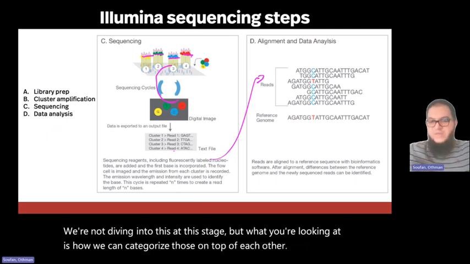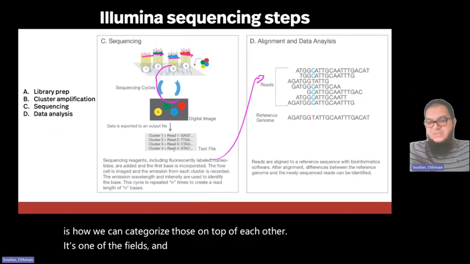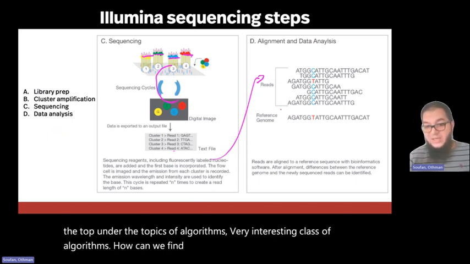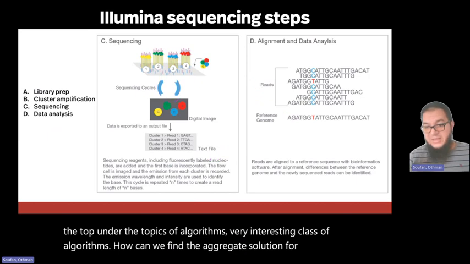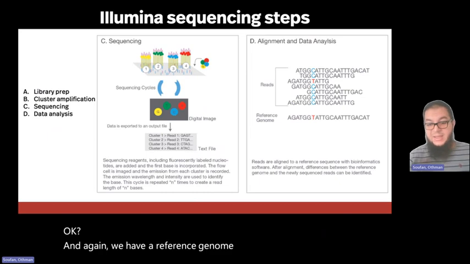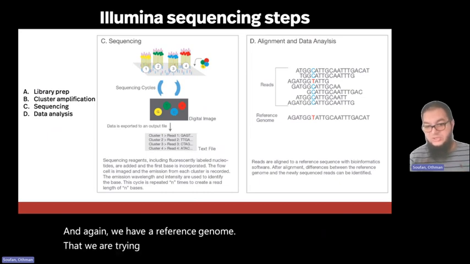It's one of the fields in computer science, specifically under the topic of algorithms, a very interesting class of algorithms. How can we find the aggregate solution of all of this? And again, we have a reference genome that we are trying to map these reads into, right?